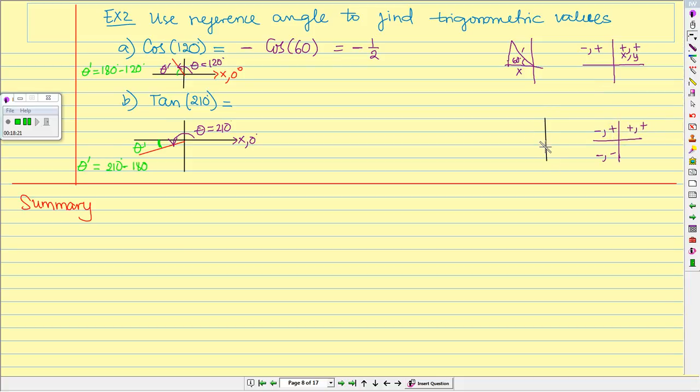So if I sketch a triangle in quadrant number 3 for you, you can see right here that your x is negative and your y is also negative.